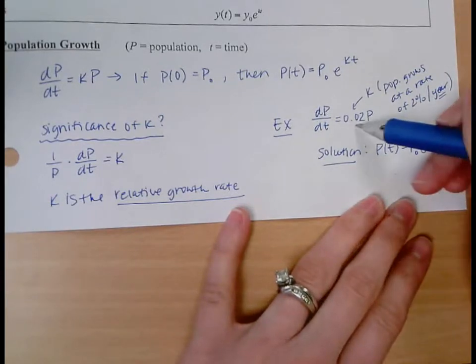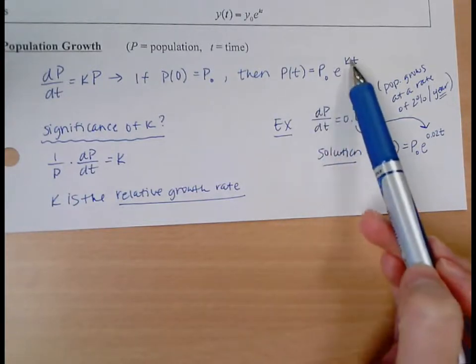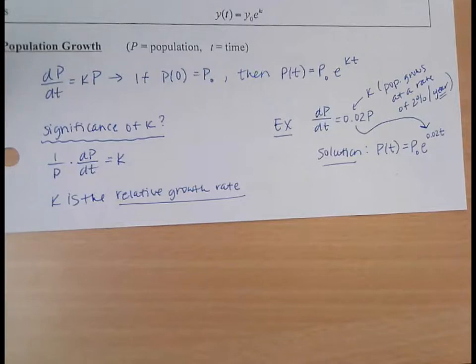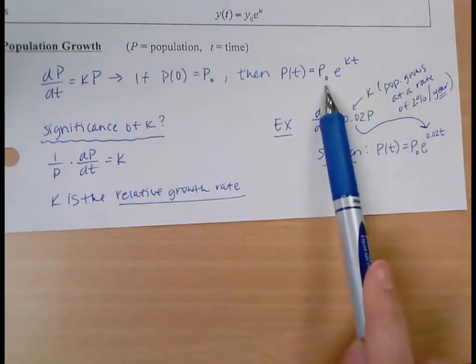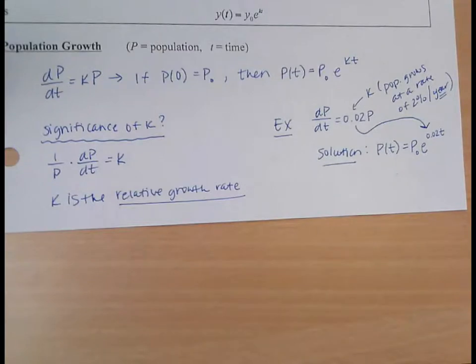So I can substitute that k value directly into the solution, and then I would just have to know the initial population to get my full solution. So there are really two things you need to know to write a solution equation in this part of the chapter: the initial amount and the value of k. As long as you know those or can find them, you can write your solutions.